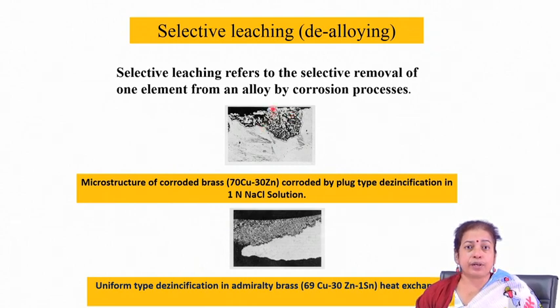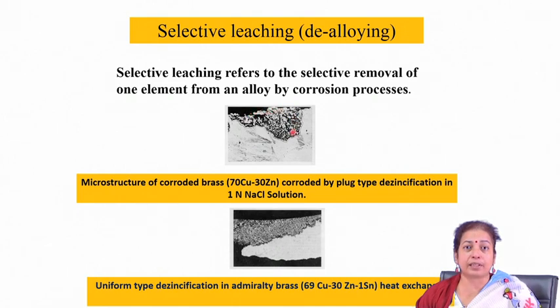Now, if you quickly go through the kinds of selective leaching observed in different alloy systems, you will find that the mode depends on how it looks. For example, in brass this has been classified into two categories: plug type and uniform type.